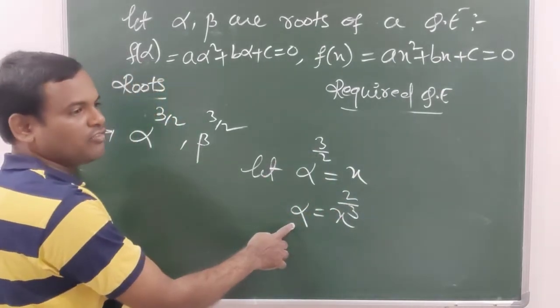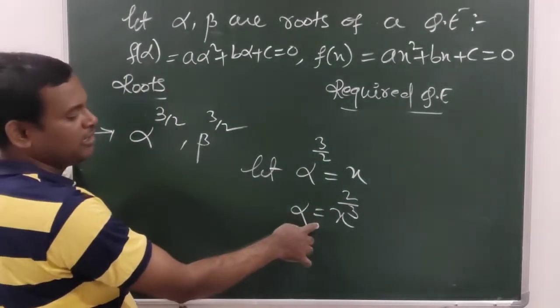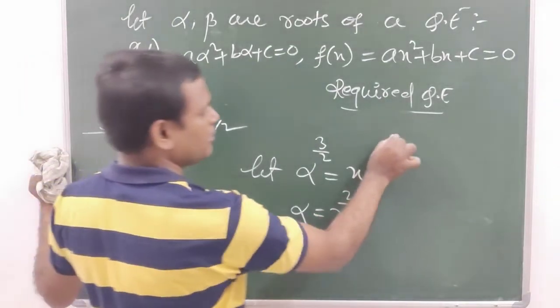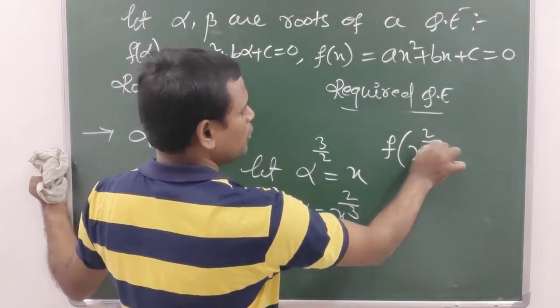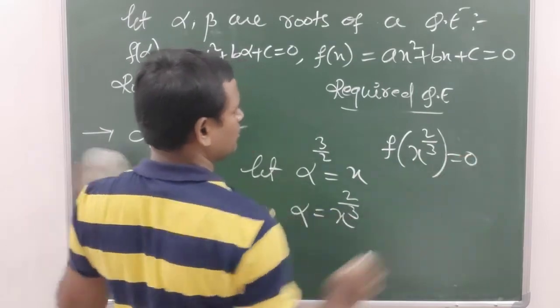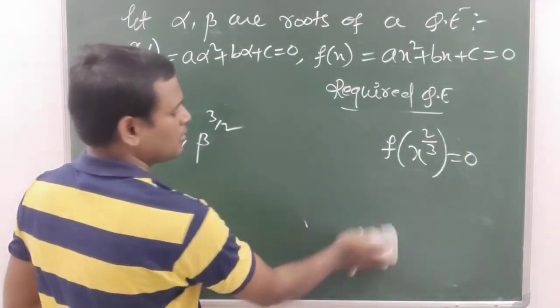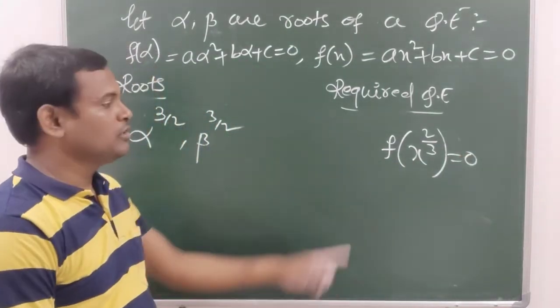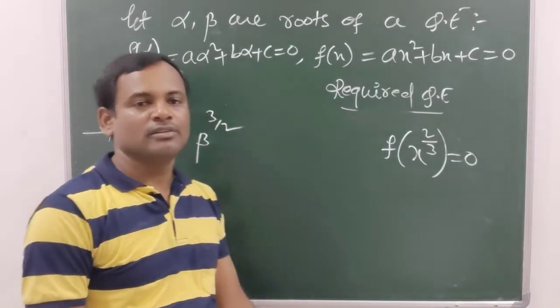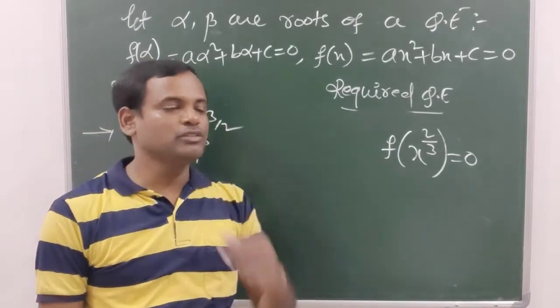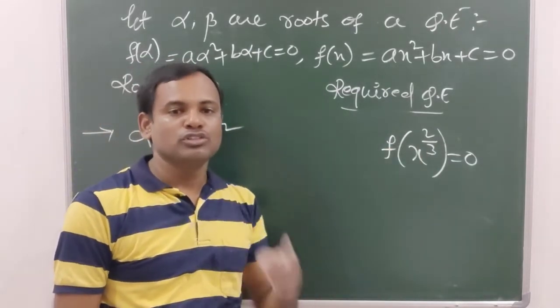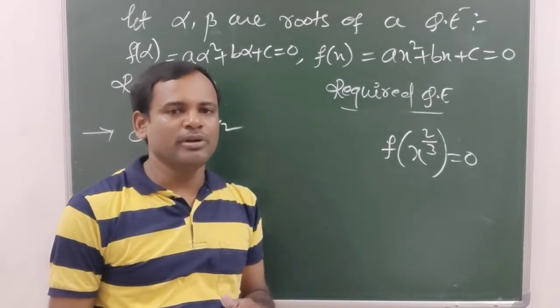Now we have got alpha. Now replace this alpha by this value, so that here you will get f of x power 2 by 3 is equal to 0. Okay? So now go for simplification. In that simplification, make sure that the power of x should be a non-negative integer.